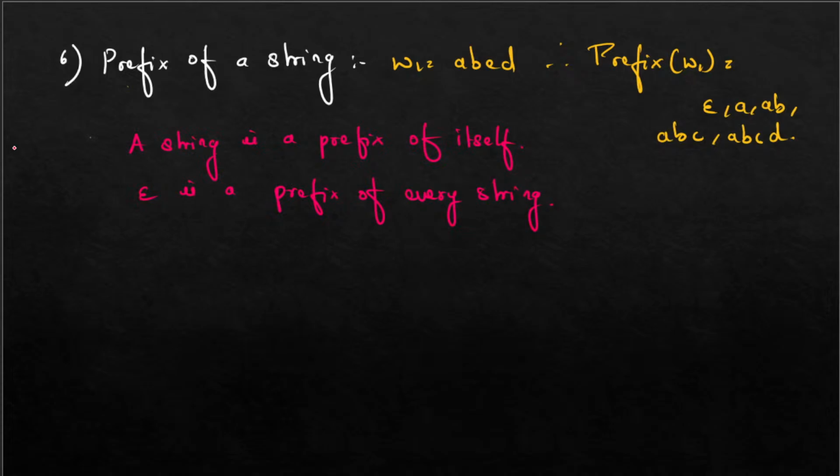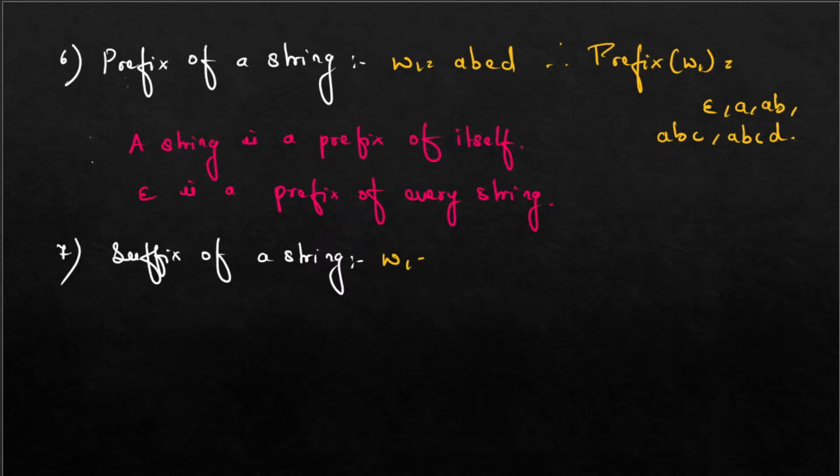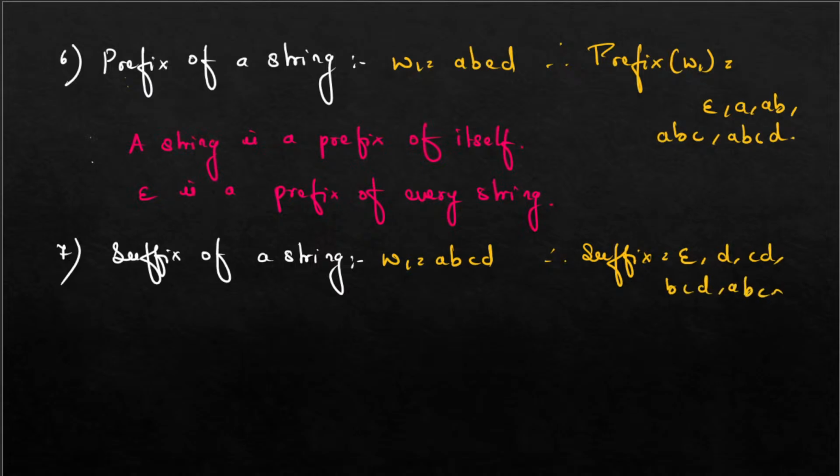Let's similarly discuss suffix of a string. Suppose w1 equals a, b, c, d, the same string. What will be the suffixes? The suffixes will be epsilon, d, c d, b c d, and a b c d.